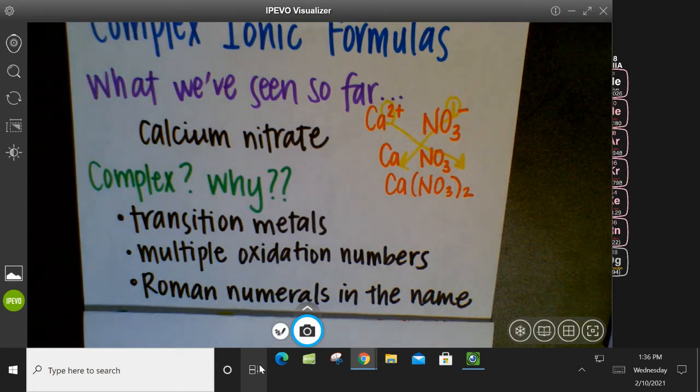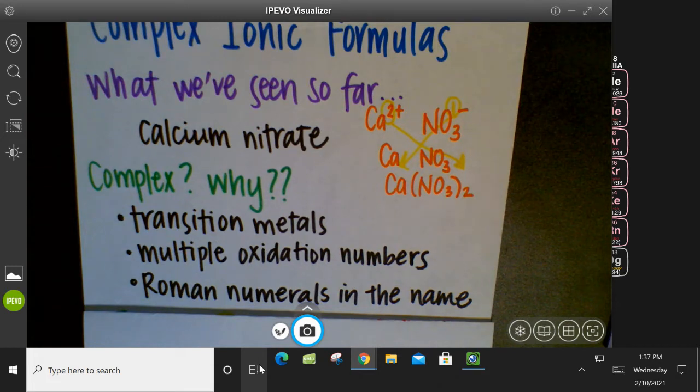These elements can form multiple oxidation numbers. So you could see 2 plus, you could see 3 plus, you could see 1 plus. Some of them go up to 7 plus. All right. But how do we differentiate between iron that has a charge of 2 plus versus iron that has a charge of 3 plus?